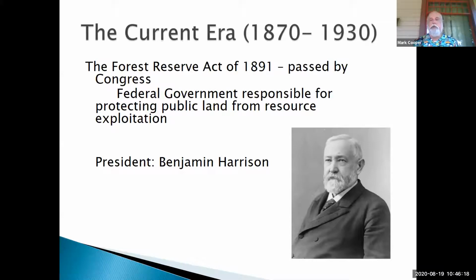His first area that he set aside was actually not in Yellowstone, but right outside Yellowstone before it was actually a national park. So that is what he's known most for. He saw the exploitation and he wanted to stop it.